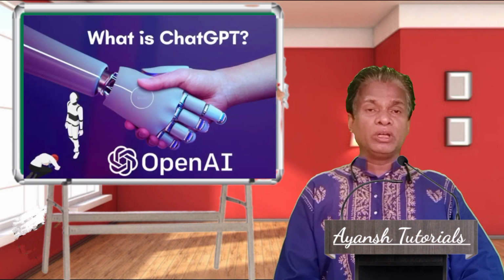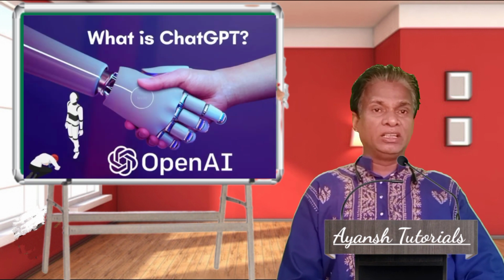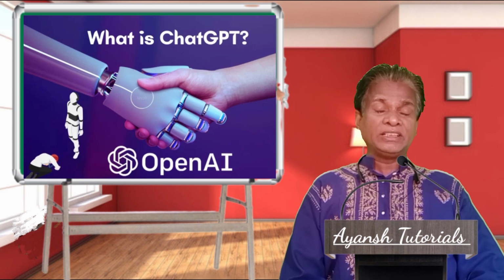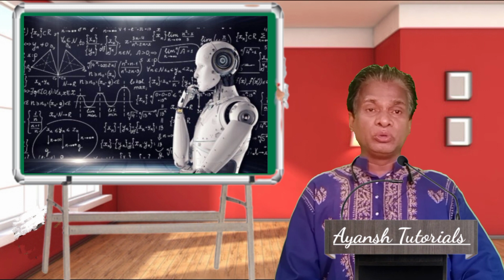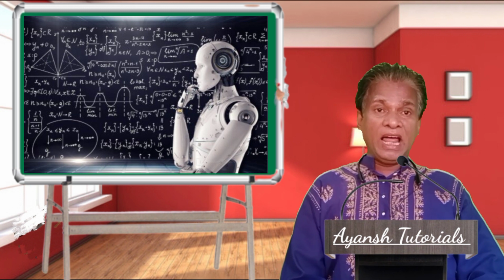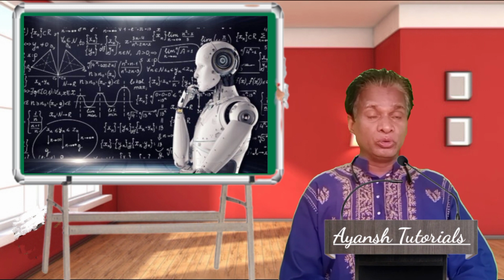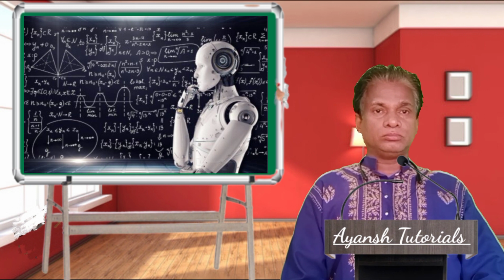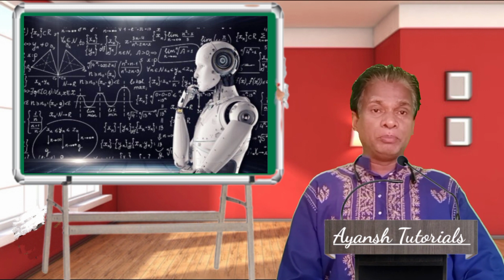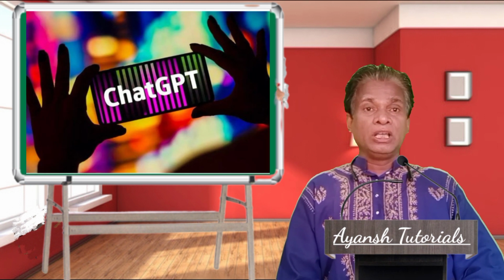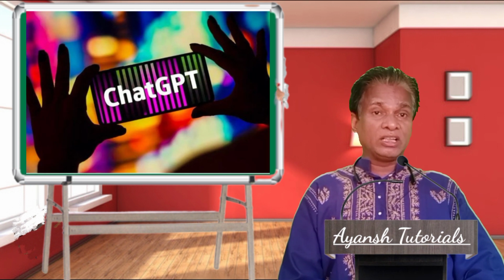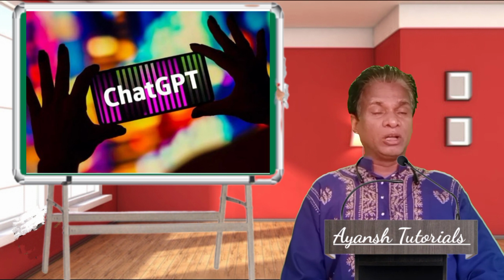ChatGPT is a new AI chat tool from OpenAI that uses the latest advancement in natural language processing and machine learning to generate intelligent and engaging responses to user input. ChatGPT is based on the powerful GPT 3.5 series of language learning models and interacts in a conversational way.